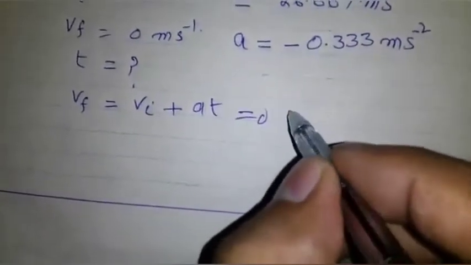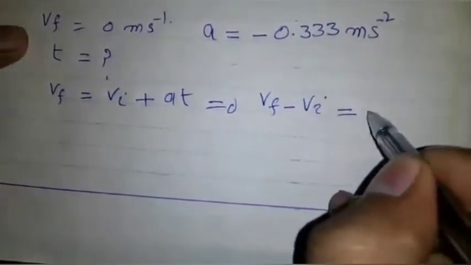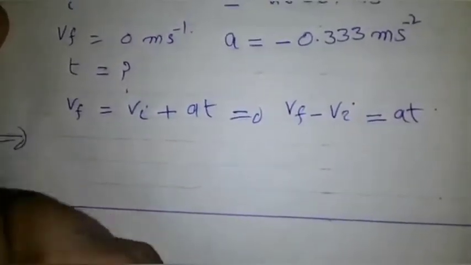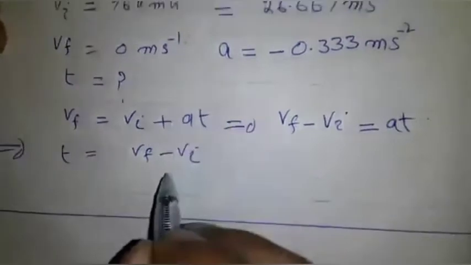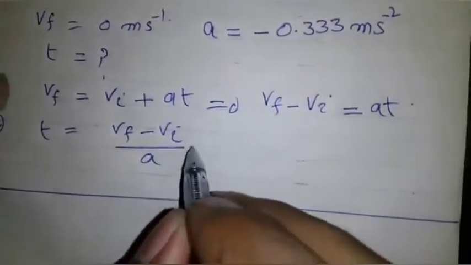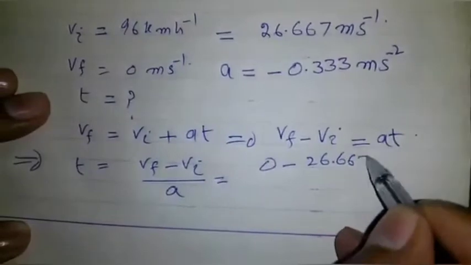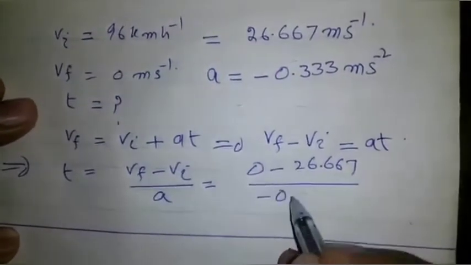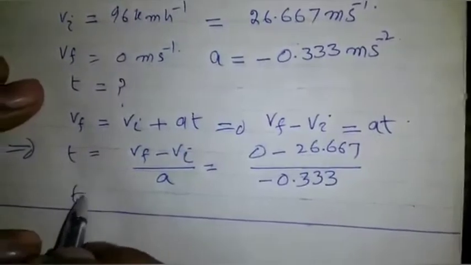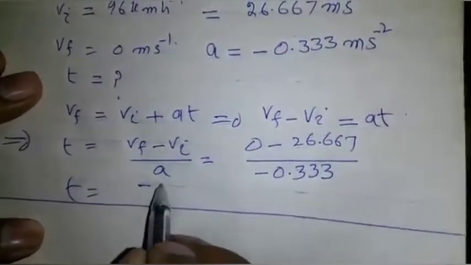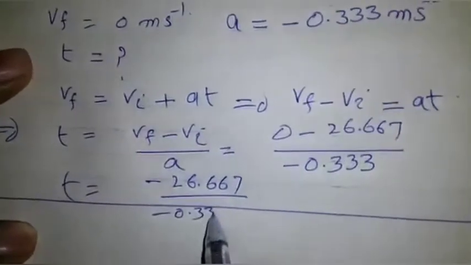This implies Vf minus Vi is equal to At, and this implies T is equal to Vf minus Vi over A, which is equal to 0 minus 26.667 over minus 0.333, and T is equal to minus 26.667 over minus 0.333.